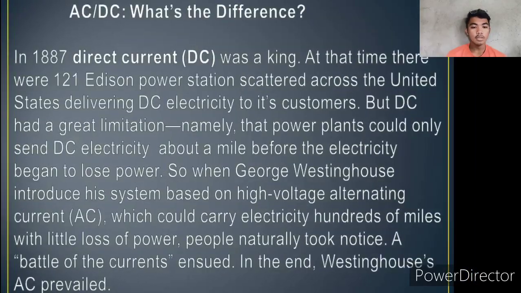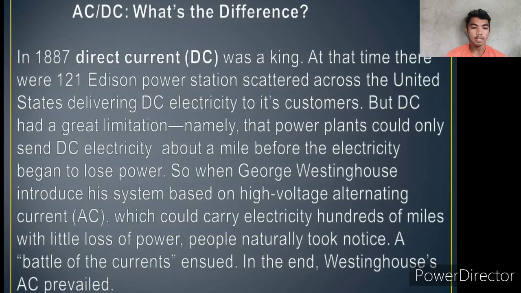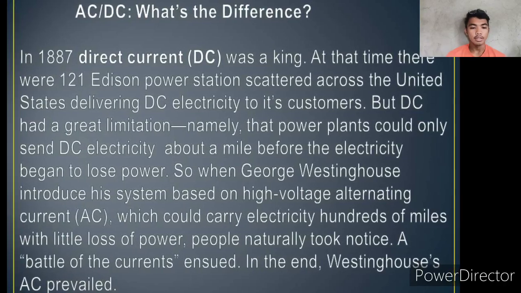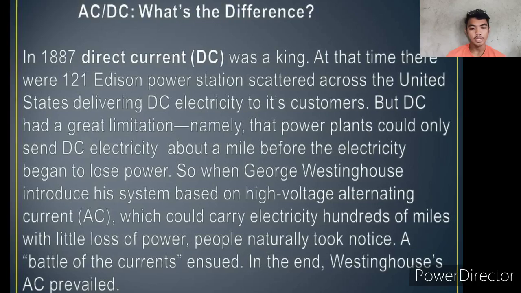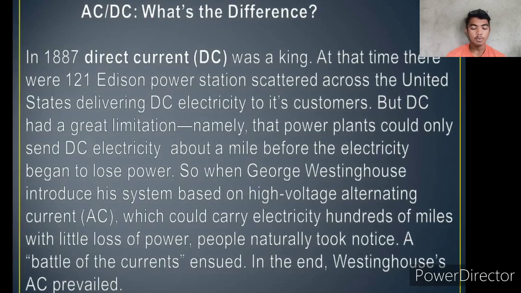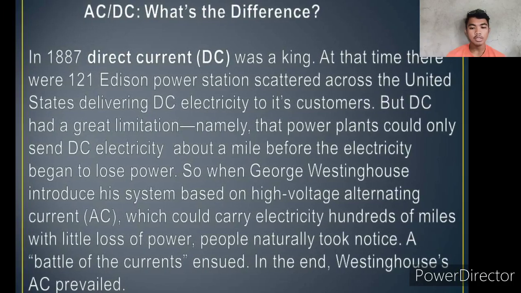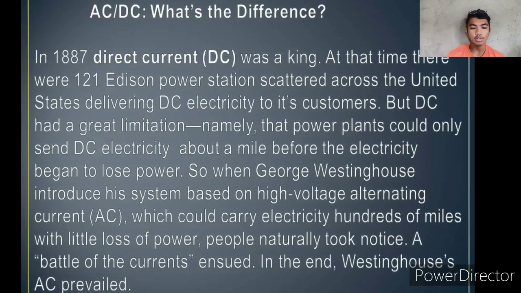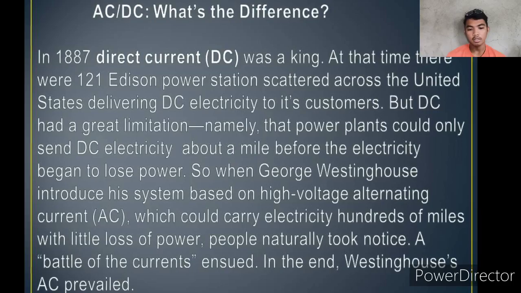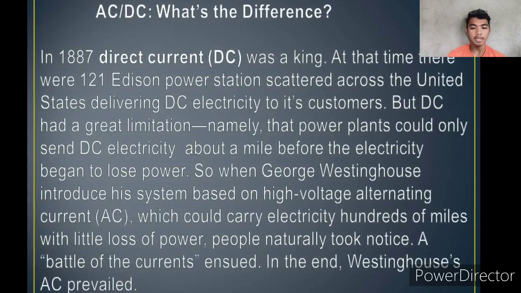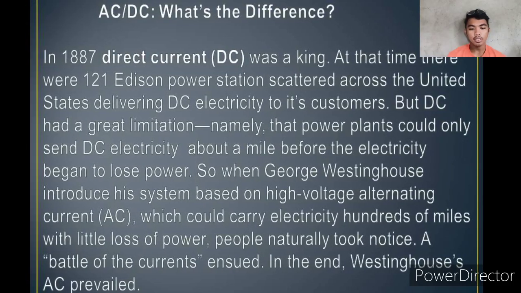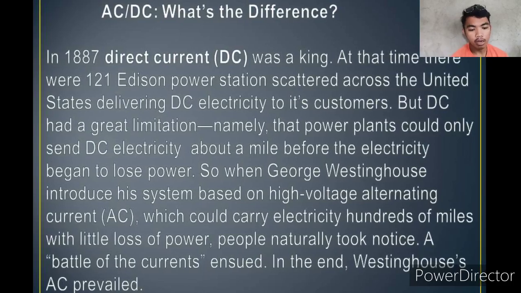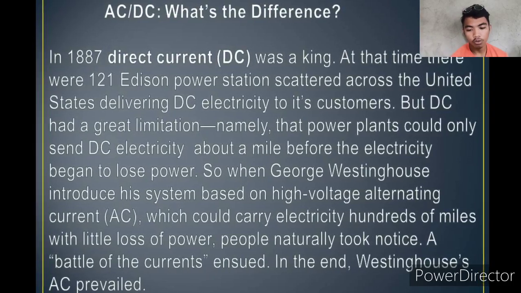So, what's the difference between AC and DC? In 1887, direct current or DC was king. At the time, there were 121 Edison power stations scattered across the United States, delivering DC electricity to its customers. But DC had a great limitation, namely, that power plants could only send DC electricity about a mile before the electricity began to lose power.